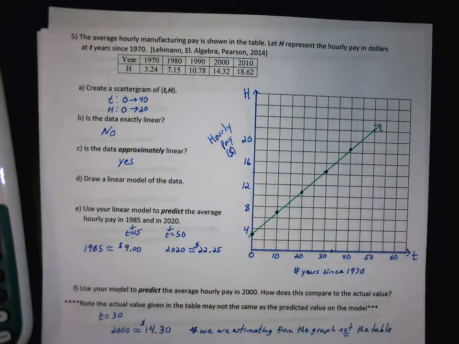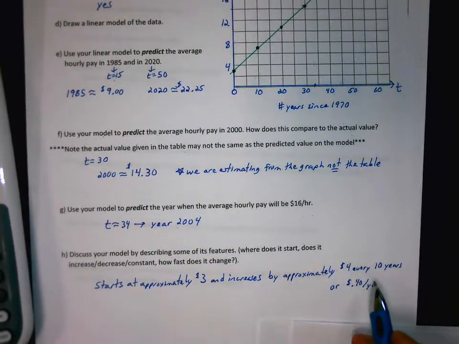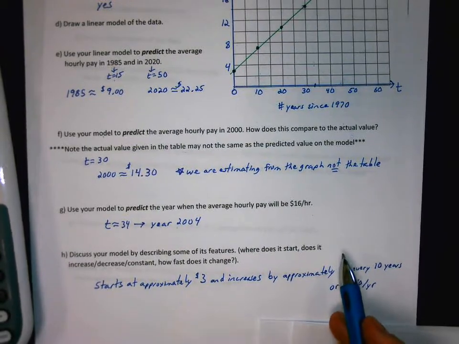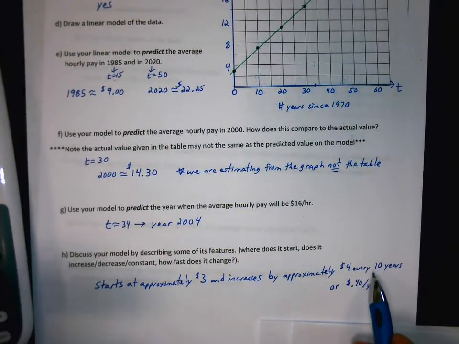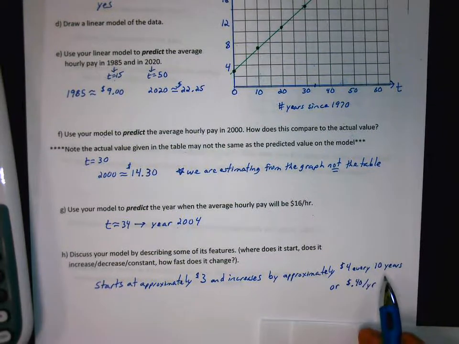So it looks like it increases by approximately $4 every 10 years. And again, if you said like $3.50 or $3.80 every 10 years, that's fine also, because we're just getting an estimate here. You can also look at that as, instead of being $4 every 10 years, 40 cents per year, or $0.4 per year.